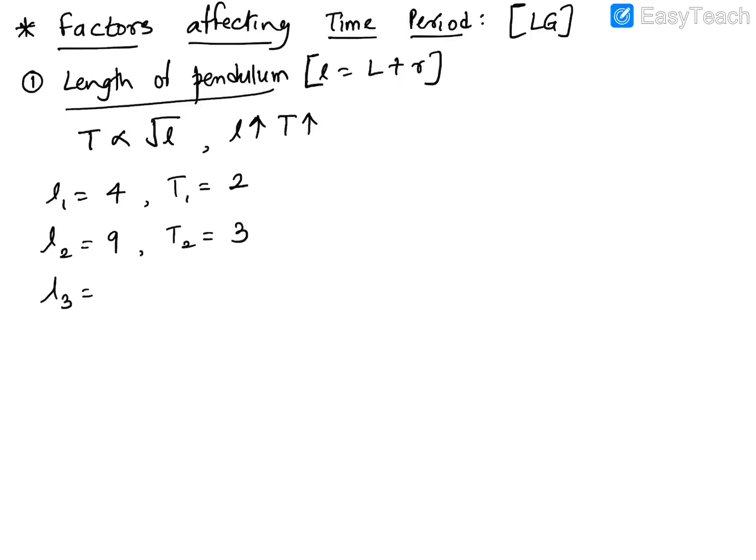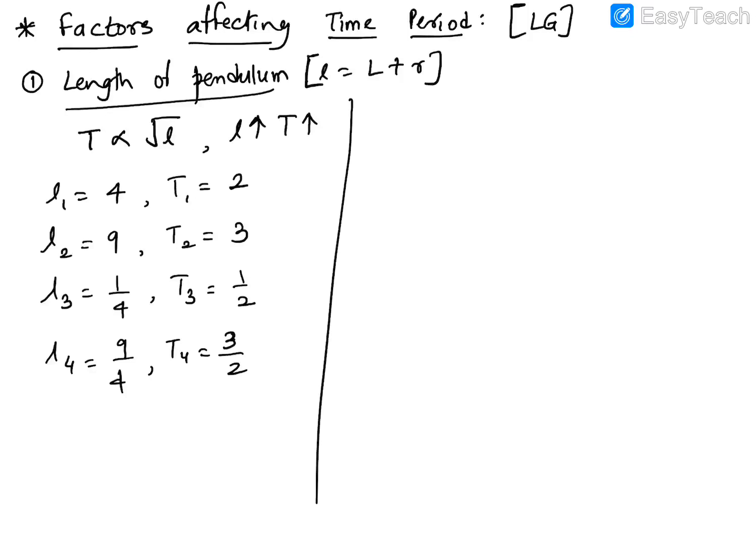If your length is made 1/4, then your time period will become 1/2. And if the length is made 9/4, then the time period will become 3/2. So basically all you need to do is take the square root and you will get the time period.